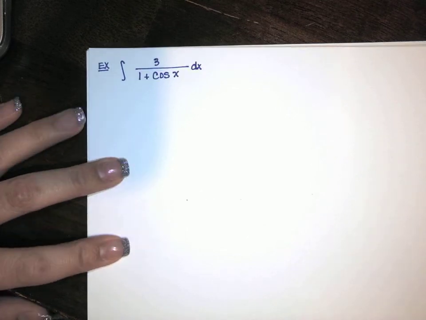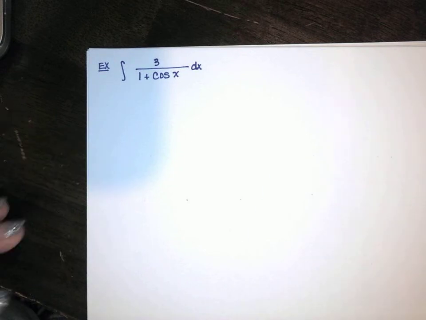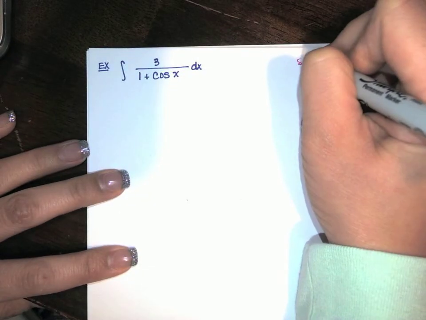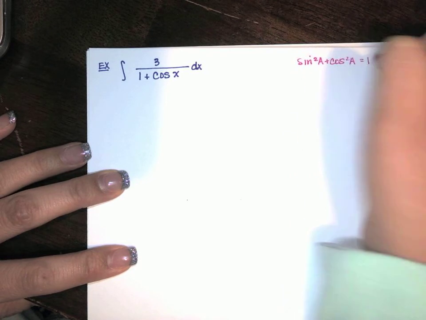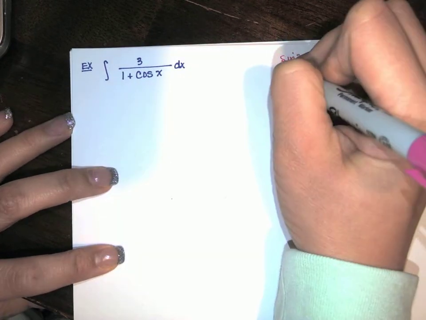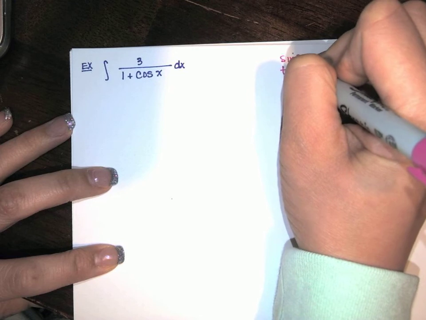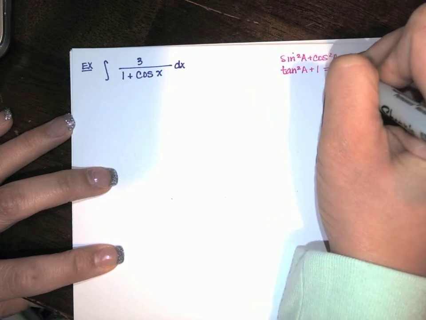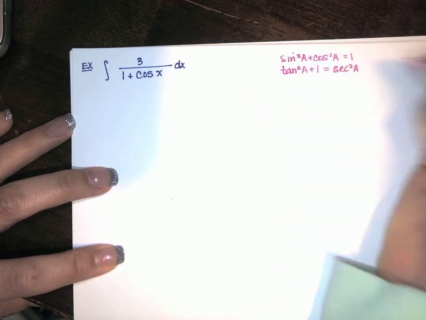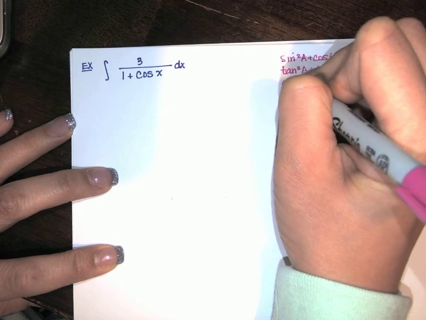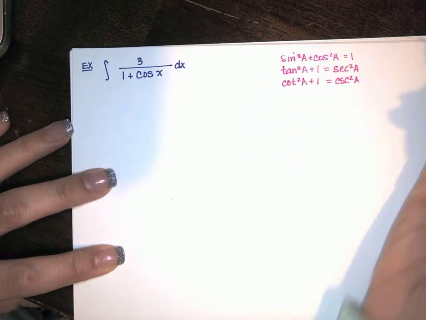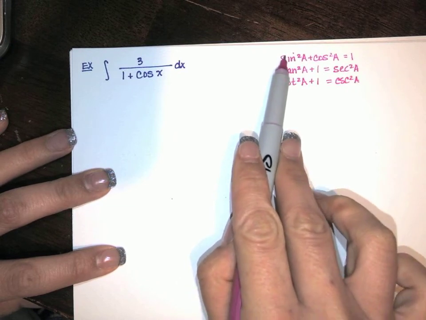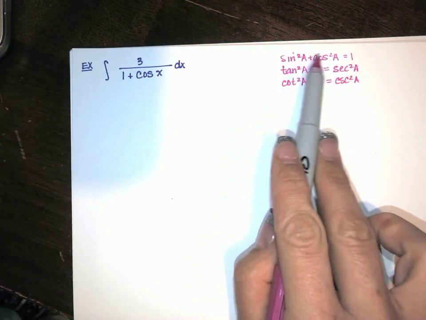Now notice I've got a 1 plus cosine of x, and we have those 3 Pythagorean identities we discussed. Sine squared plus cosine squared is 1. Tangent squared plus 1 is secant squared. And cotangent squared plus 1 is cosecant squared. And they're all related to each other. These 2 guys can be derived by dividing this one by sine squared or cosine squared.